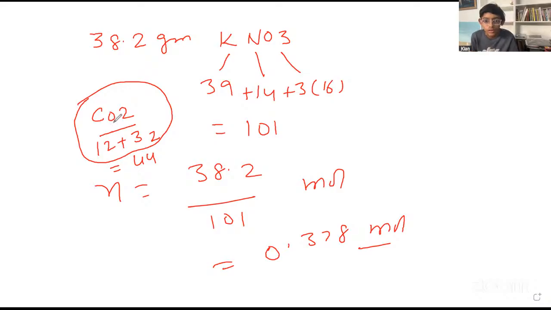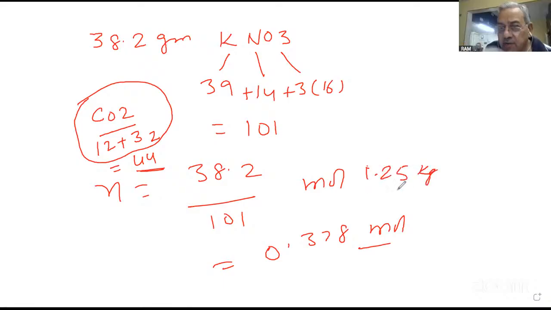So for B, it is 44.01. Now what amount is given? CO2 is 1.25 kg. Can you convert it into gram first? So it's 1250.